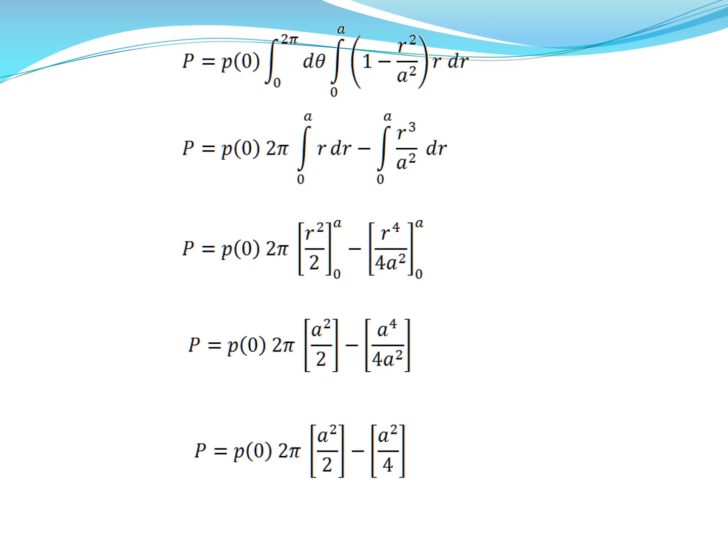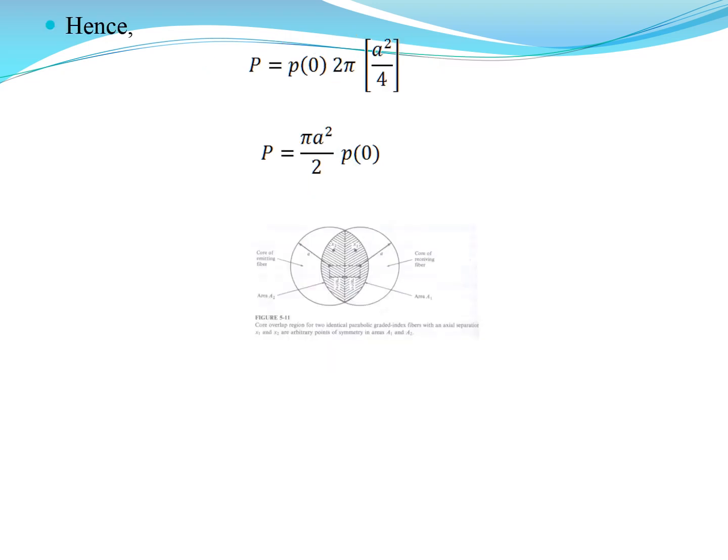Similarly, I split the other integral into the integral from 0 to a of r dr minus the integral from 0 to a of r cubed by a squared, multiplying r squared with r. Once I integrate and apply the upper and lower limits, I end up with P equal to pi a squared by 2 into P of 0.